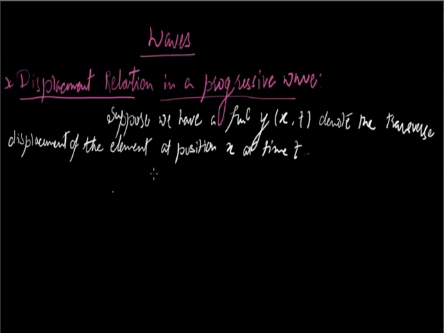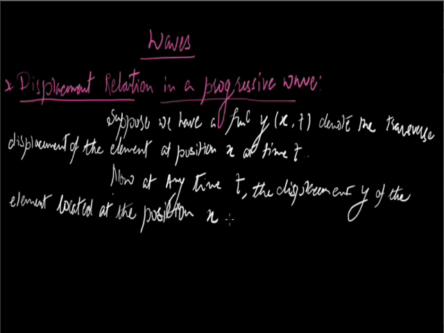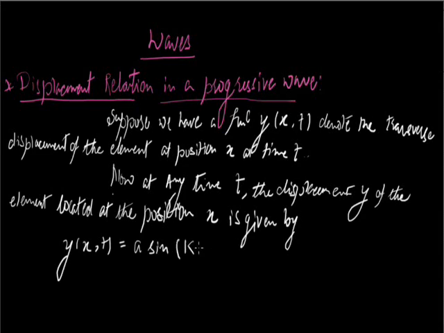At any time t, the displacement y of the element located at position x is given by a sin(kx minus omega t plus phi).